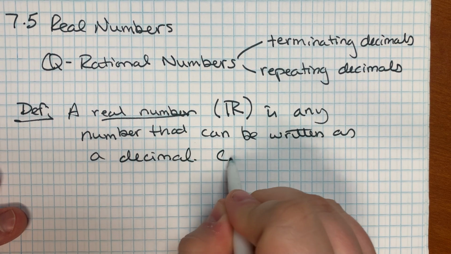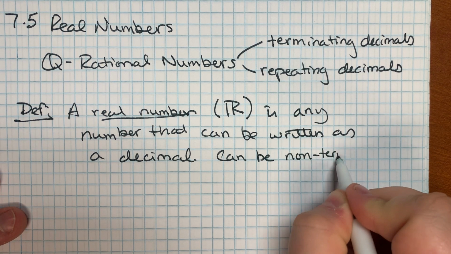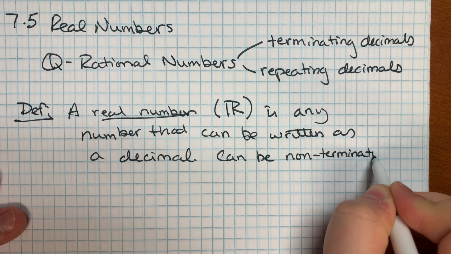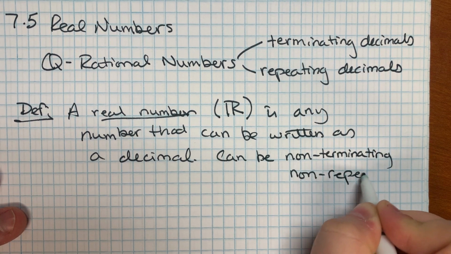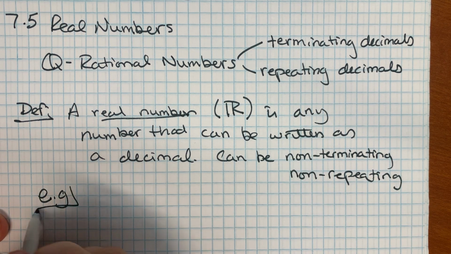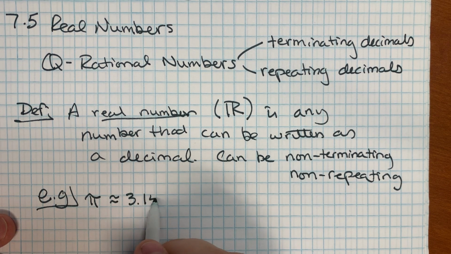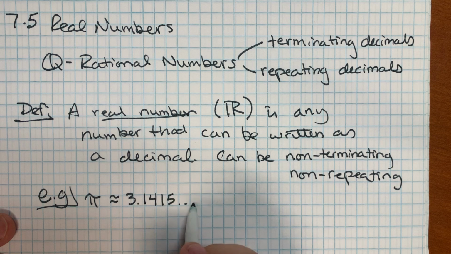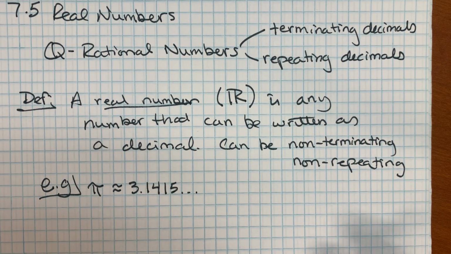So that means they can be non-terminating and they can be non-repeating. Some examples of non-terminating, non-repeating decimals are pi, which we approximate as 3.14159, and so on. But the number itself never terminates or repeats.